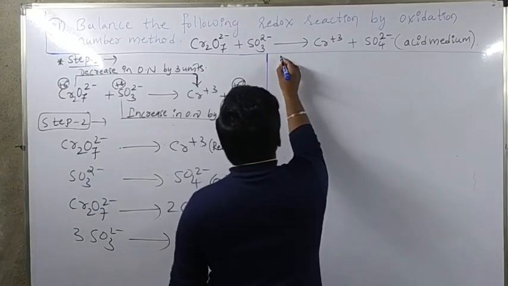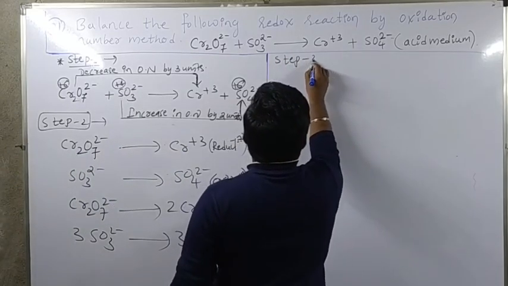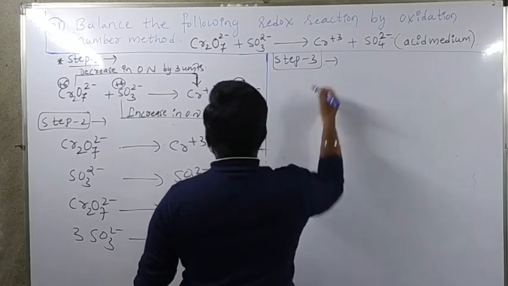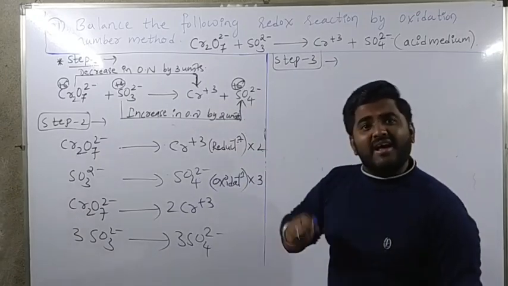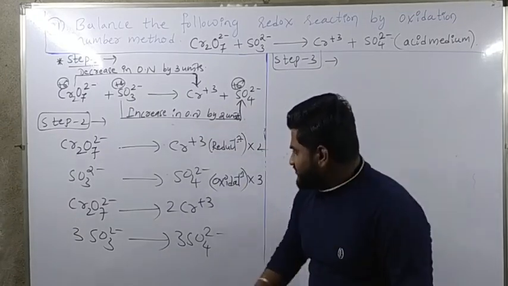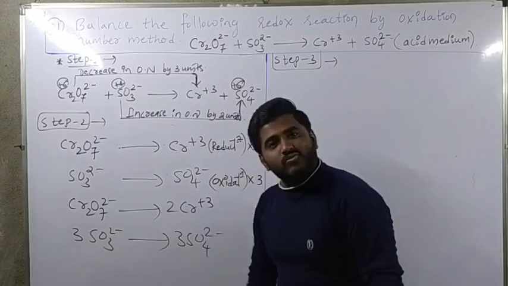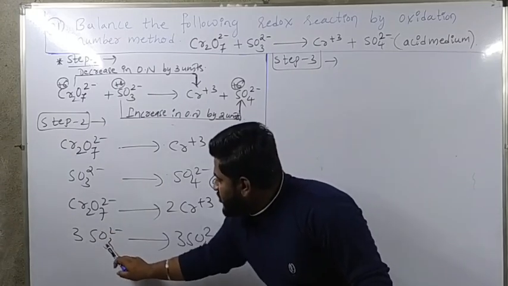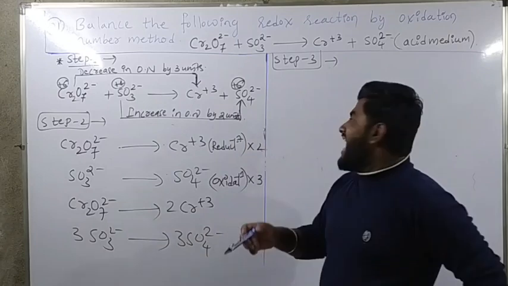Step 3. Add both the equations. Step 3, what you have to do? Add both the equations. LHS, LHS you have to add. RHS, RHS you have to add. Cr2O7 2 minus is there, 3SO3 2 minus is there. Add up.